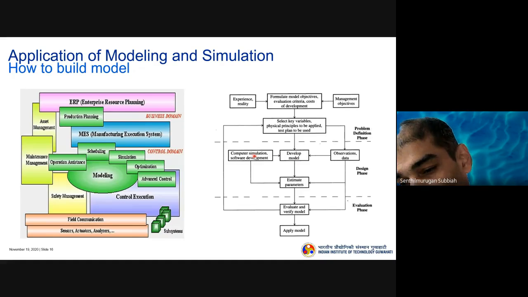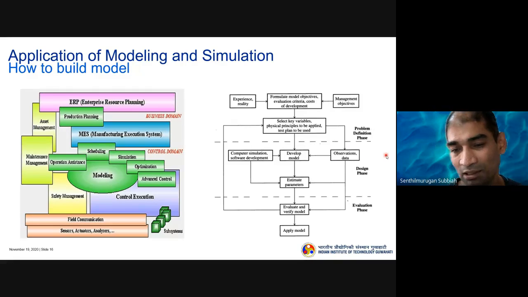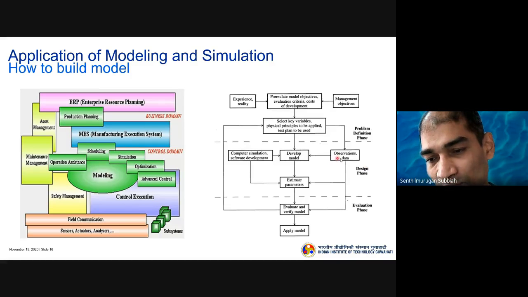So you do a simulation, and then you look for observation data. It may be available in the literature, or you build a small pilot plant and get these observed data. This observed data is given to the model in a simulation environment, and you see how close the two are to each other.